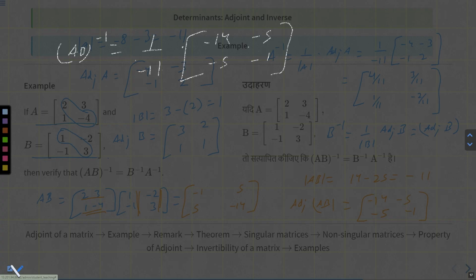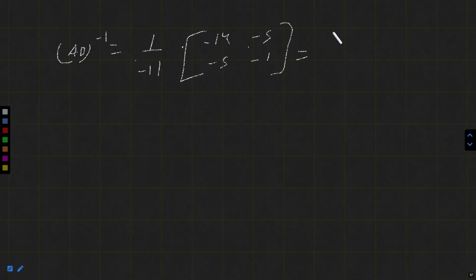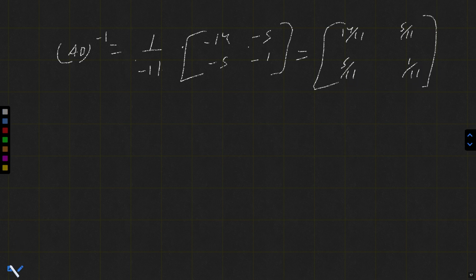As you can see, now do the respective multiplication. You will get 14 by 11, 5 by 11, 5 by 11, 1 by 11. This will be your AB whole inverse.